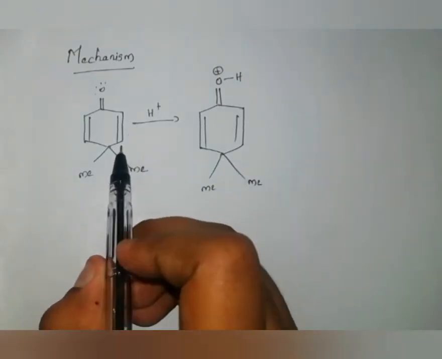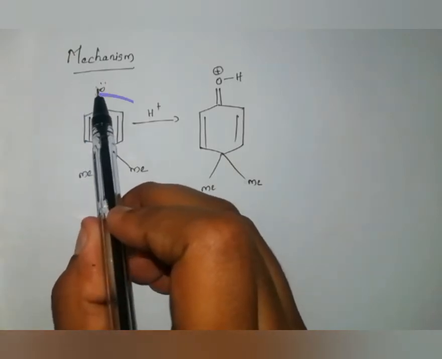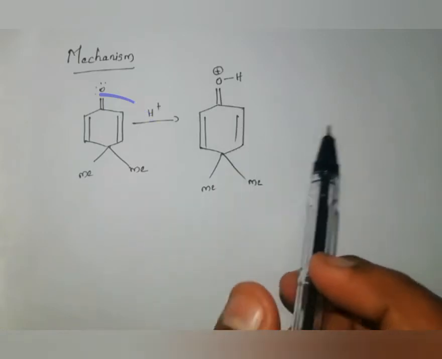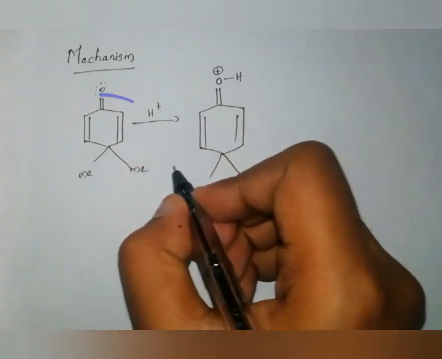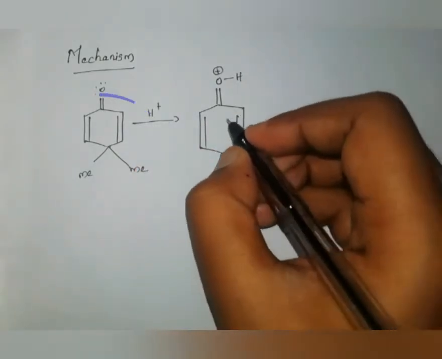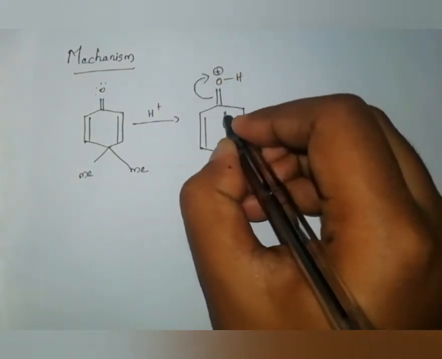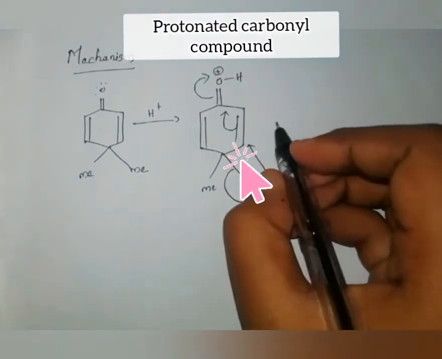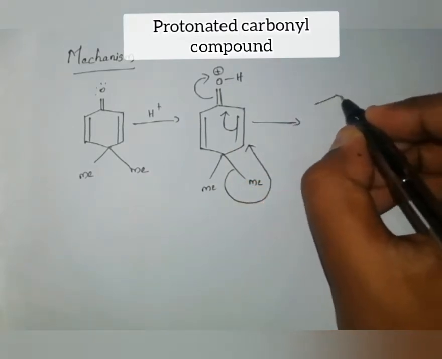So the first step is the protonation of this carbonyl oxygen to form a protonated carbonyl compound, and in the second step this protonated carbonyl compound rearranges to a tertiary carbocation. That is, this bond gets shifted to this oxygen, then this gets shifted to this side, and this group is shifted to this side, and this is the step in which a tertiary carbocation is formed.